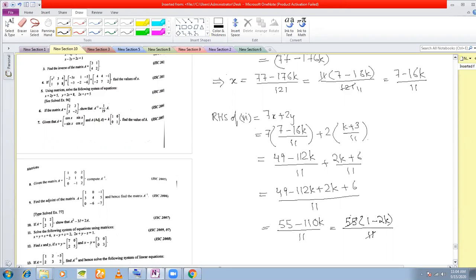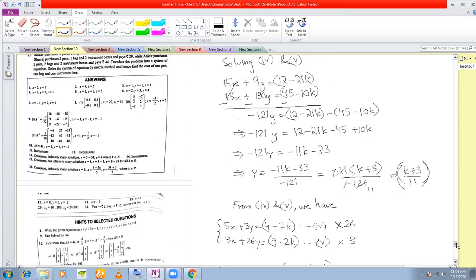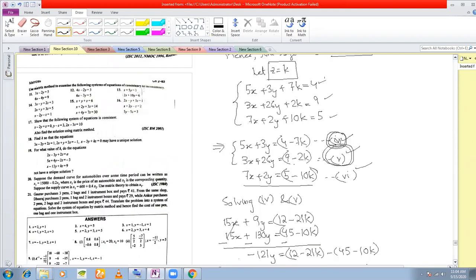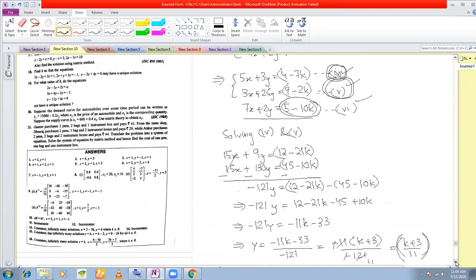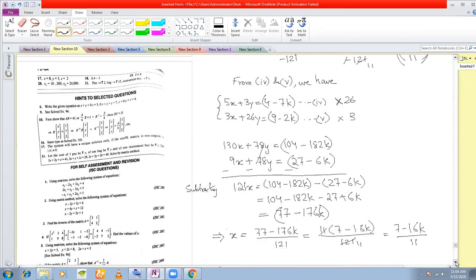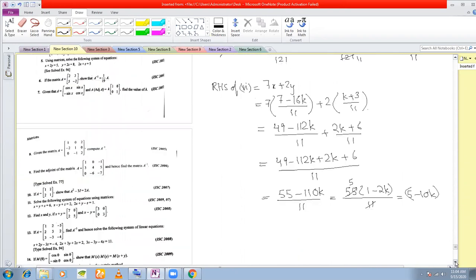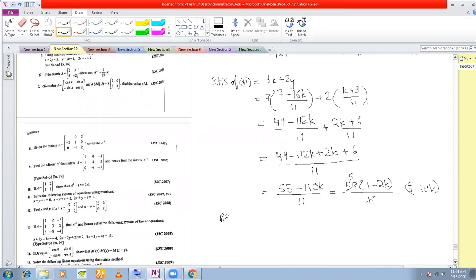So now if you cancel, you get 5 minus 10k. So are we getting 5 minus 10k? Yes. So RHS of 6 is equal to 5 minus 10k.